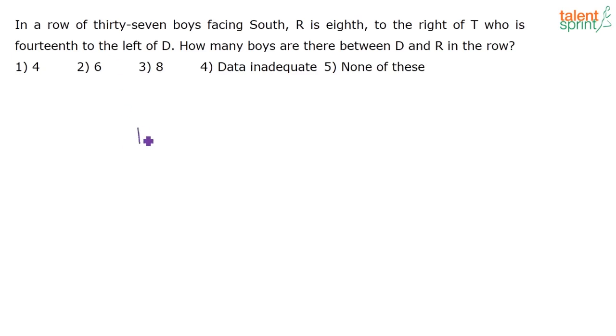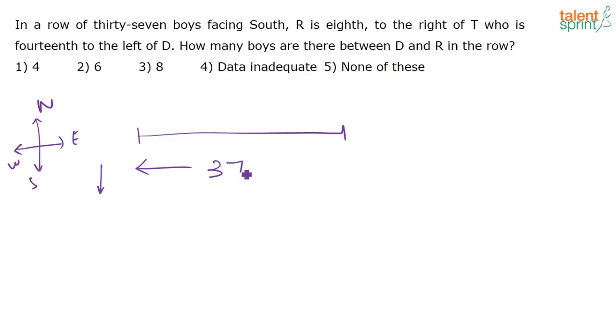In a row, there are 37 boys facing the south. So they are all facing which direction? South. You know the directions, right? I needn't draw that: north, south, east and west. South means they are all facing this side. There are 37 people. R is 8th to the right of T. So if this is T, which side is R going to be?